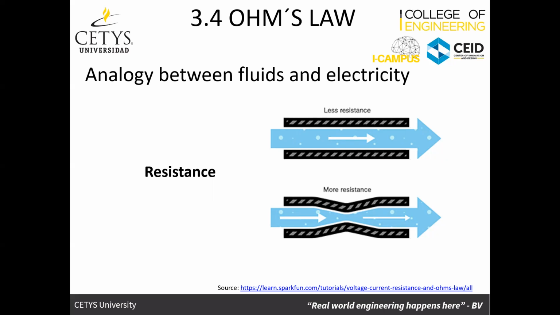So here there's less resistance than in the other case where I'm squeezing the straw or the tube. Notice the amount of water coming in is the same amount of water coming out. The difference is that the constriction is going to generate a difference in flow and pressure, which is the voltage and the current. Okay, so always remember those concepts.